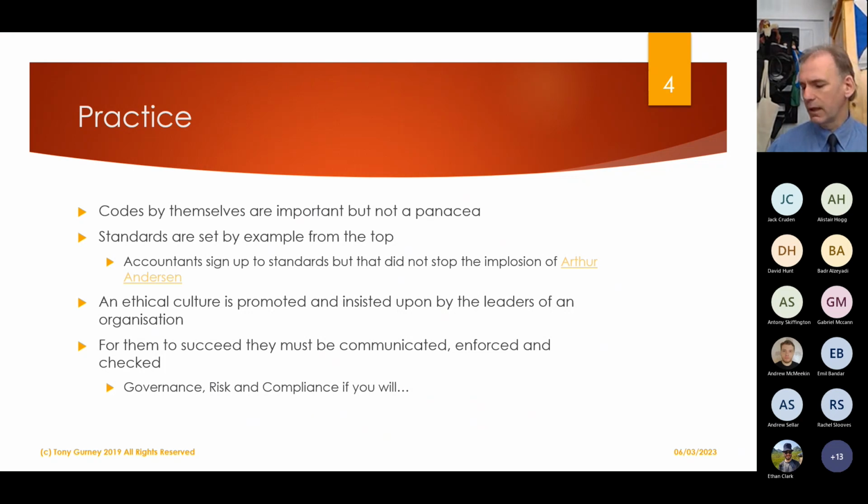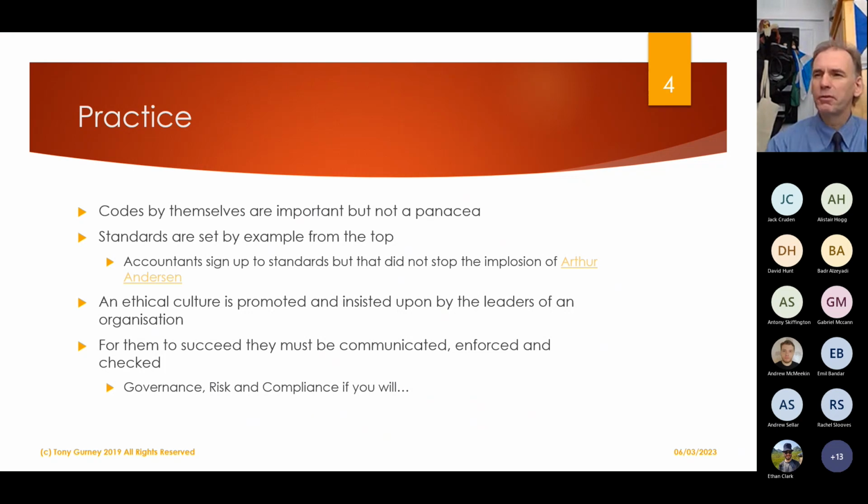So their approach to ensuring the correct accounts were recorded was less scrupulous than it may have been, in part because they were concerned about losing these lucrative consultancy fees. And that's part of the reason that Arthur Anderson no longer exists.